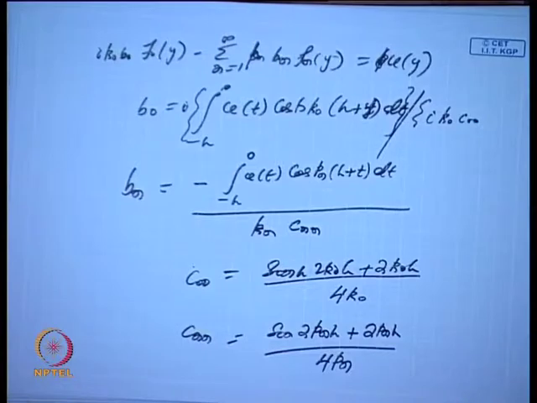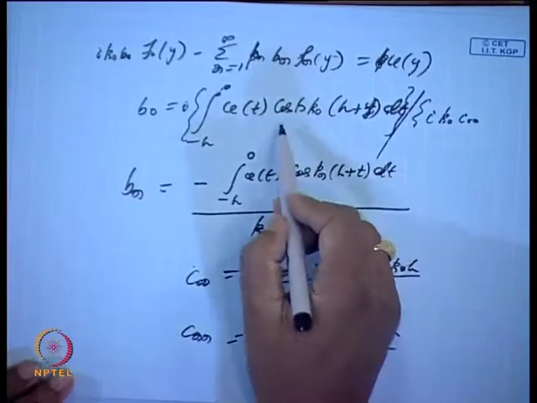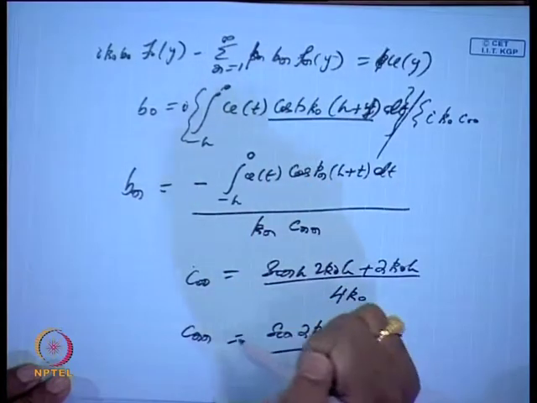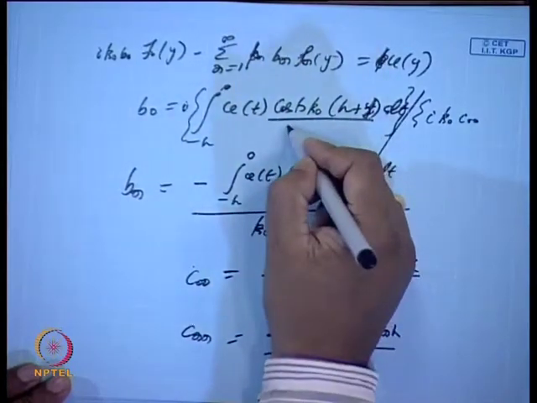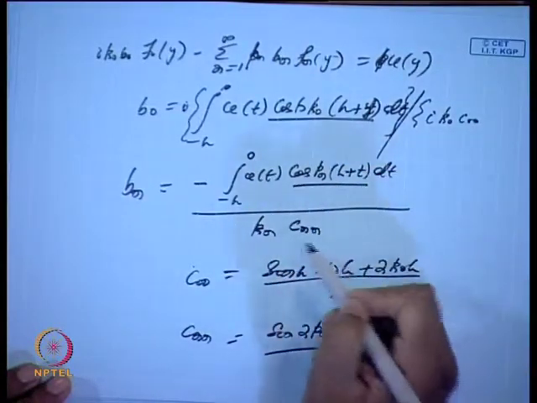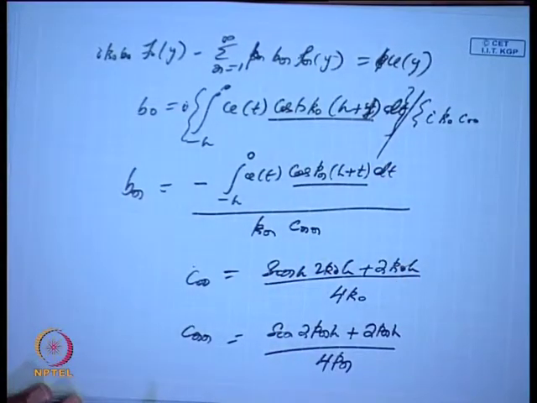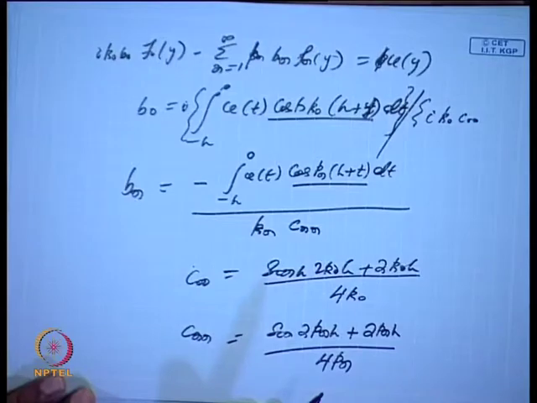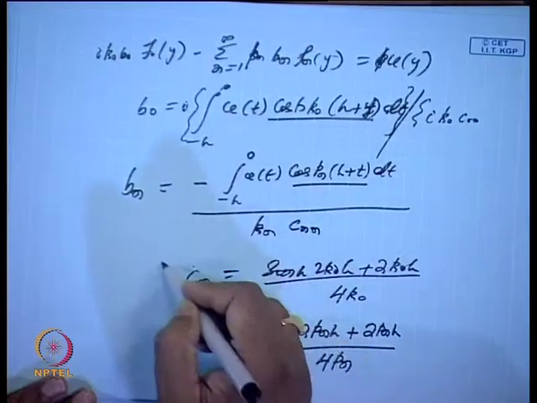And only one term differs: if I have a division by cos k_n h, then automatically I will have a square term, cos square k_n h, will come, otherwise it remains the same. This is the general form.